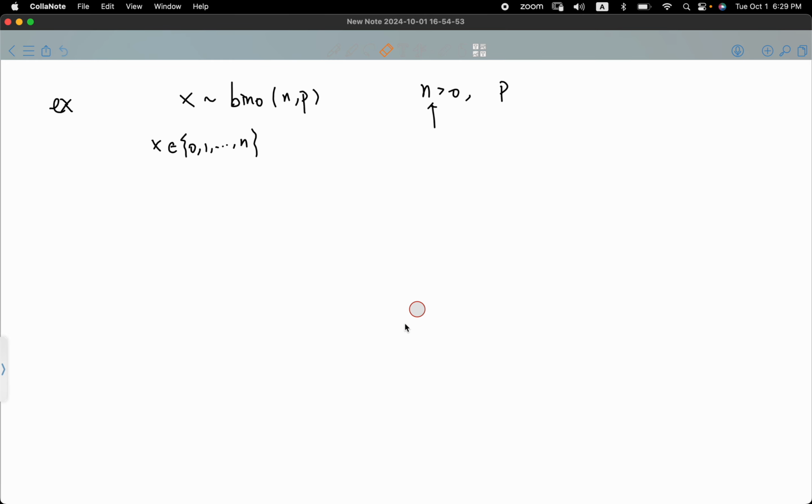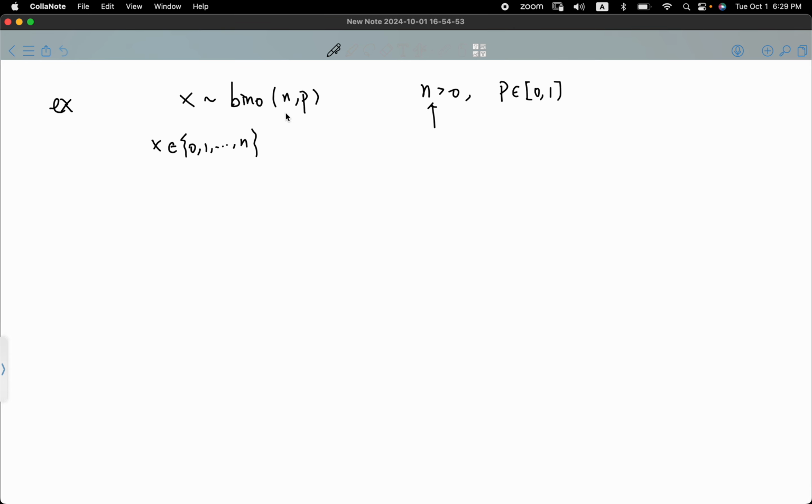So since we just mentioned this in the context of coin tosses, for the constraint of p, it's just some value between 0 and 1, because that is the probability that when you toss a coin, it lands on a head.